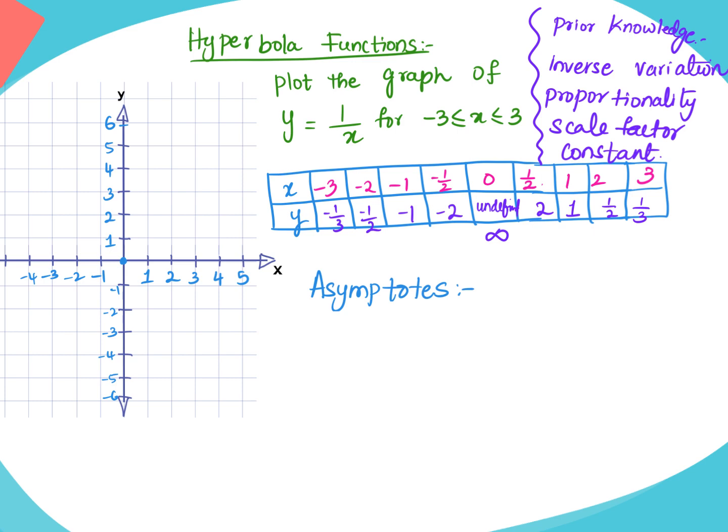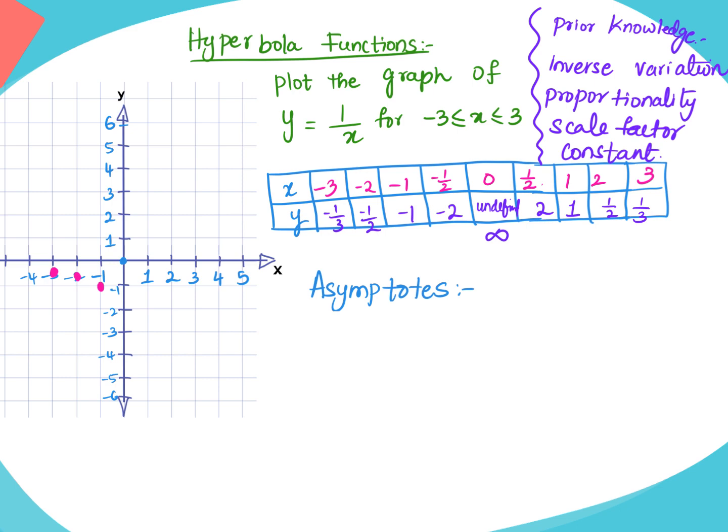So now basically you're going to plot those points. When x is -3, it's -1/3. I'll change the color, one second. Okay, -1/3 is right there. When x is -2, it's -1/2, so -1/2 will be somewhere there. When it's -1, you get -1, fine.